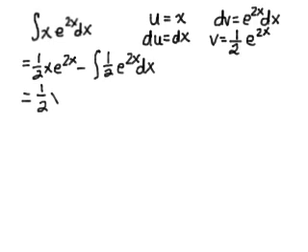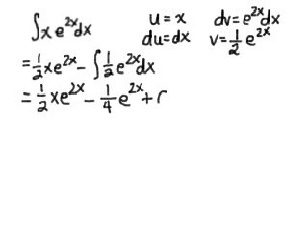And remember, we're taking the antiderivative. 2x has a derivative, so we are going to divide by 2 again, which makes our 1/2 and 1/4. And then we don't need the dx, like that. And then we just add a C, and we're done.